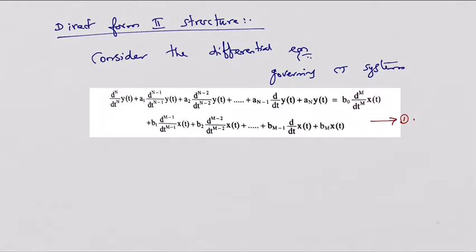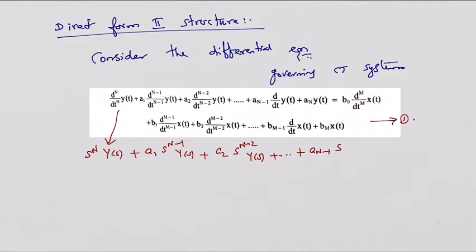Upon taking the Laplace transform of the above equation, assuming zero initial conditions, you will get s power n y of s plus a1 times s power n minus 1 into y of s plus a2 times s power n minus 2 into y of s, plus etc. You can notice the last but one term will become a n minus 1 s power 1.